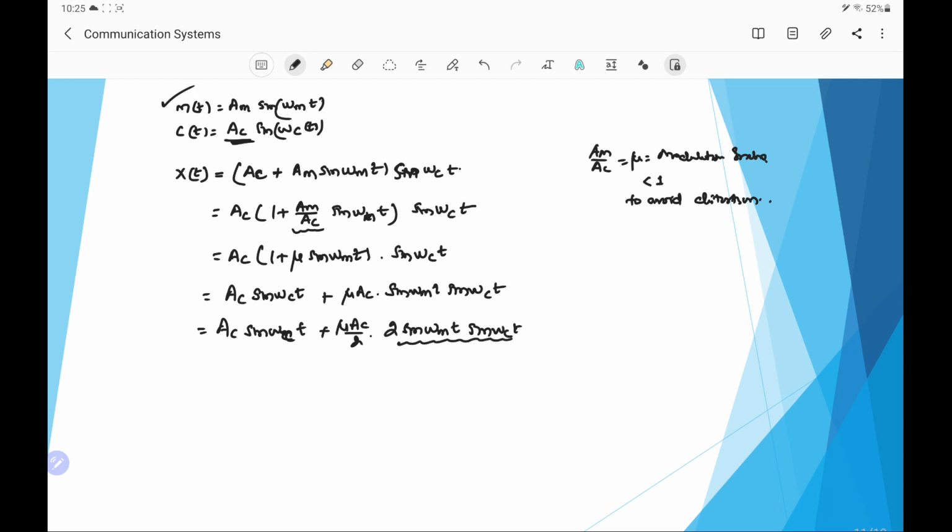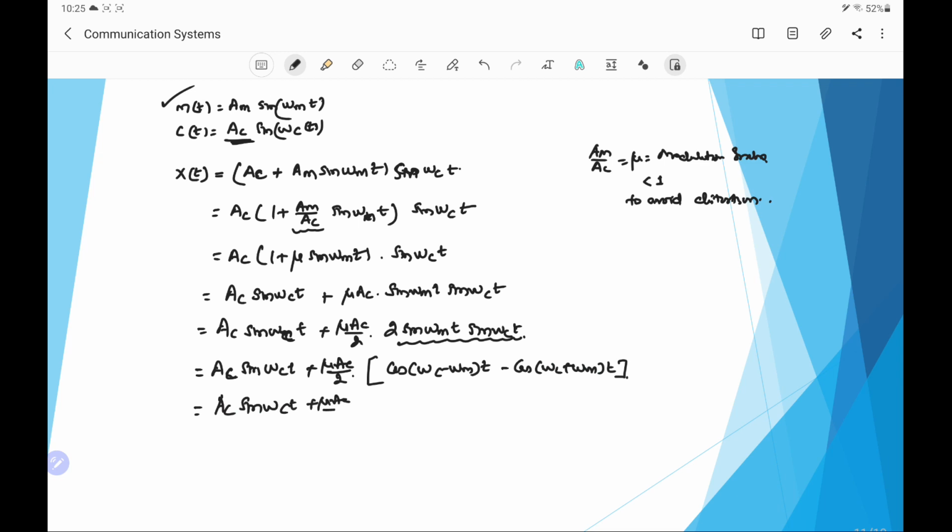Here we use the trigonometric formula and we get AC sine omega ct plus mu AC by 2, and its value will be cos (omega c minus omega m)t minus cos (omega c plus omega m)t, and it can be written as AC sine omega ct plus mu AC by 2 cos (omega c minus omega m)t minus mu AC by 2 cos (omega c plus omega m)t.